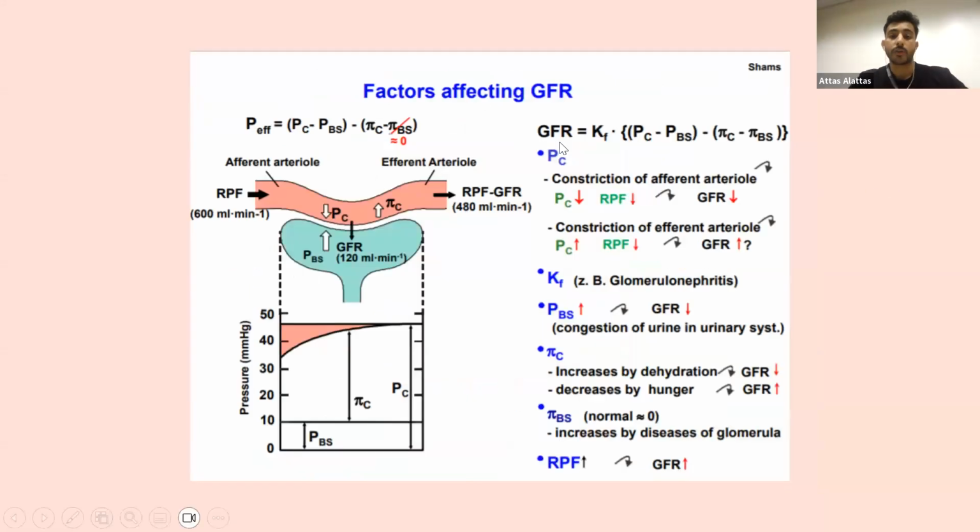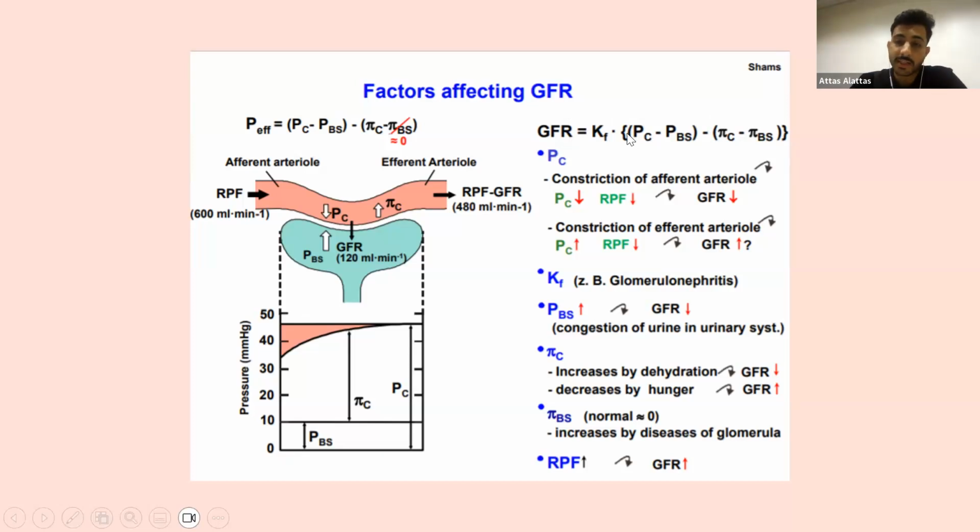For you to calculate the GFR, this is one formula that you can use. GFR is equal to Kf, this is a constant, multiplied by the difference in the hydrostatic pressure minus the difference in the oncotic pressure.